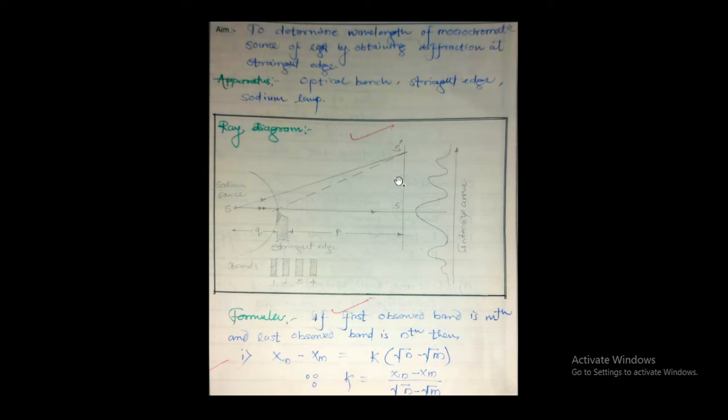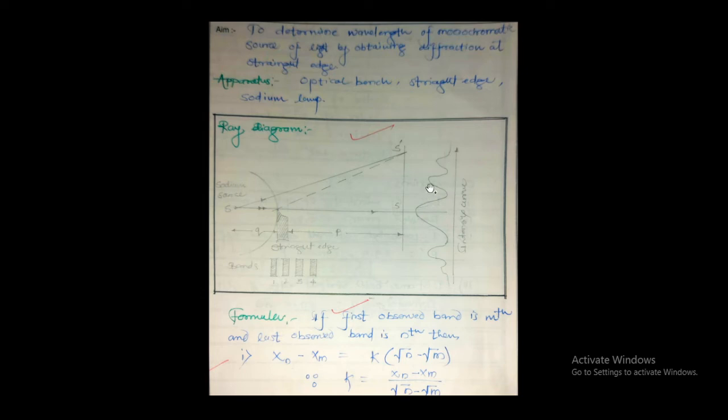Now, what is the resultant diffraction pattern obtained here? It is shown by 1, 2, 3, 4, which are the upper peaks, and 1, 2, 3, which are the lower peaks. In optical theory we call the upper ones maxima and the lower ones minima.